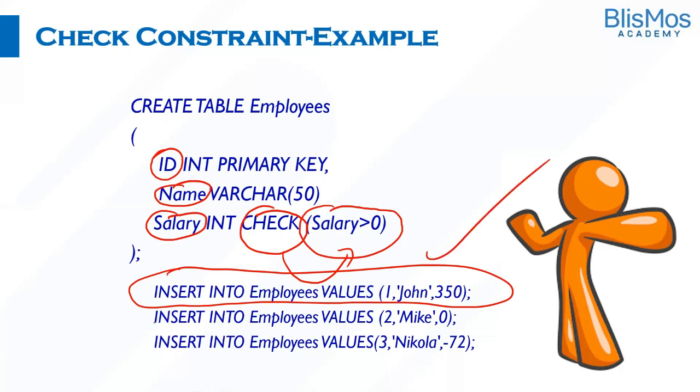But the second one and third one have a problem. What is the problem? We have defined a check constraint as salary should be greater than 0. But what is the salary here? It is 0. And what is the salary here? Minus 72, which is less than 0. So this is how the check constraint works. Let us take a hands-on example and see this.